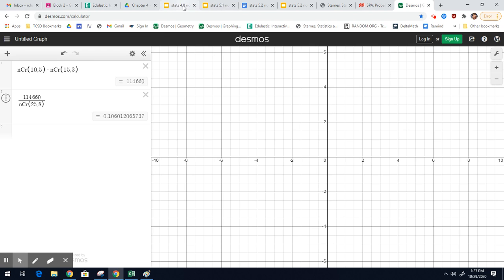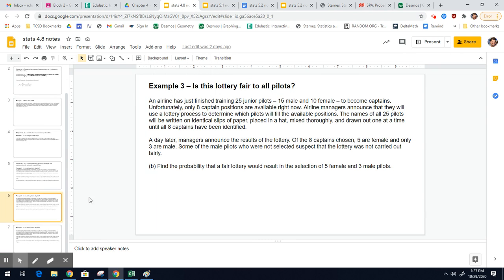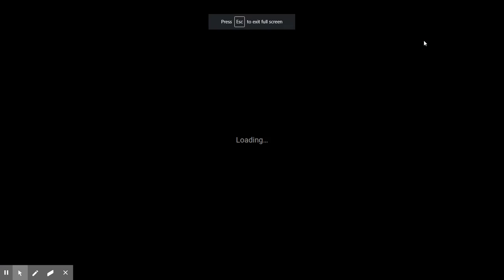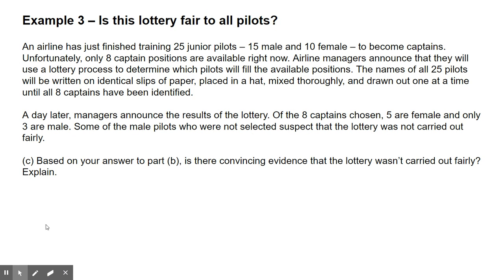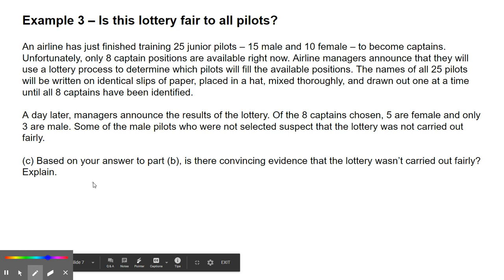Okay, and then part C asks, based on your answer to part B, is there convincing evidence that the lottery wasn't carried out fairly? Explain. So I'm going to write 2 sentences.